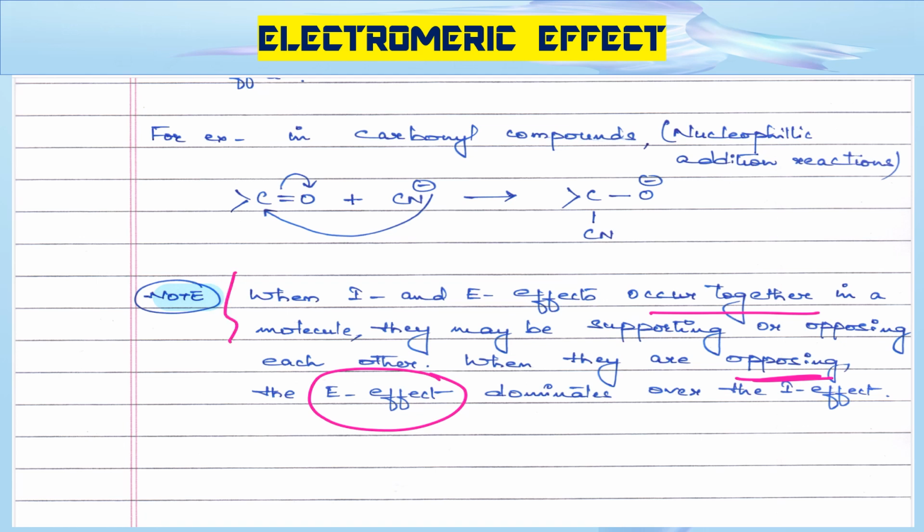This has to be kept in mind while studying the chemical reactions of compounds: the electromeric effect always predominates over the inductive effect whenever they occur together in a molecule, whether they are supporting or opposing.